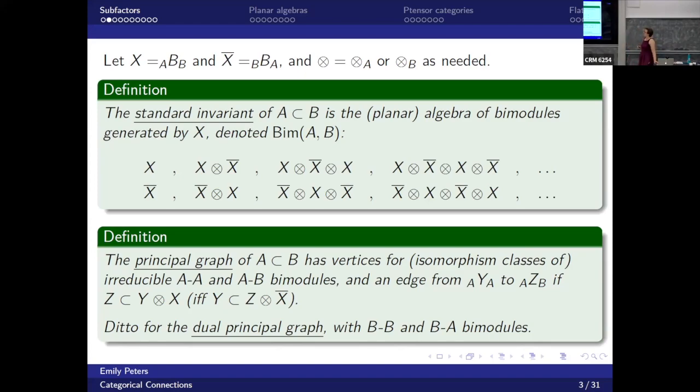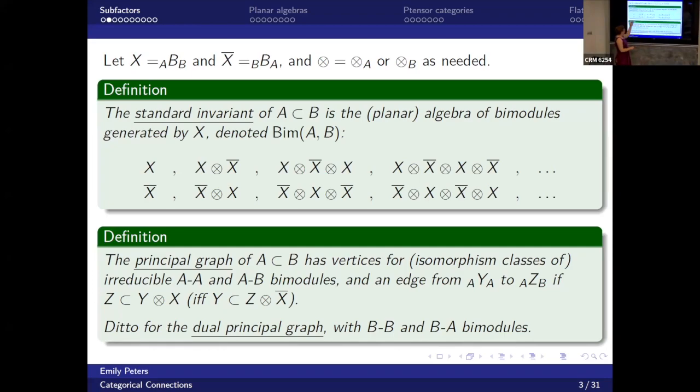Okay, and the standard invariant is a kind of big one that encodes a lot of the representation theory of your inclusion, right? So remember that we had A was a subfactor of B, and if we look at bimodules generated by B, considered as an AB subfactor, we can take this and take its dual, and I'm sweeping under the rug here the fact that this tensor product that behaves exactly the way you would expect is very hard to construct.